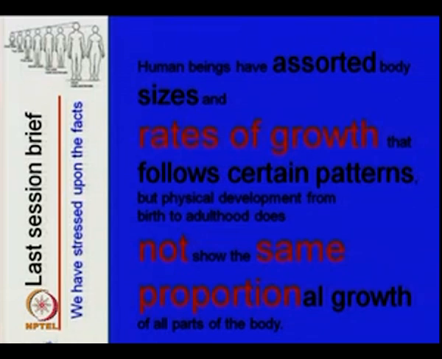Now, when we see the last class's growth pattern, human beings have assorted body sizes and rates of growth that follow certain patterns, but physical development from birth to adulthood does not show the same proportional growth of all parts of the body.